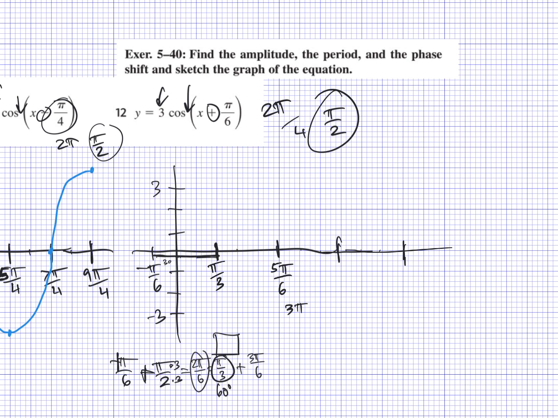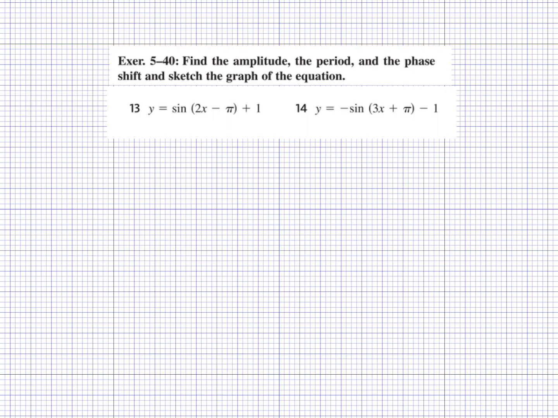Plus another 3 pi over 6 gives me 8 pi over 6. 8 pi over 6 plus 3 pi over 6 gives me 11 pi over 6. Okay, so now we graph it. Cosine starts at the top, goes through the x-axis next, at the bottom, x-axis, and back to the top. There's your cosine. Number 13.